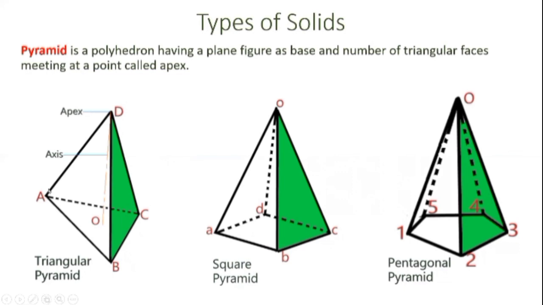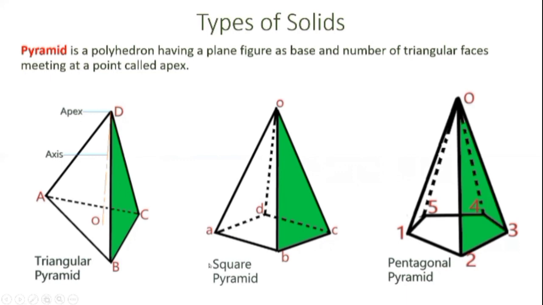So we get more triangular faces. Point O is the center of the base triangle, and on drawing a perpendicular from O, it meets at the apex D. So this is a triangular pyramid.